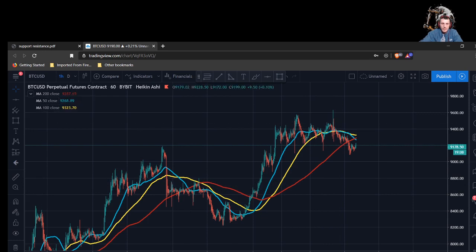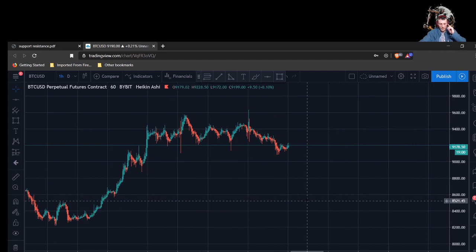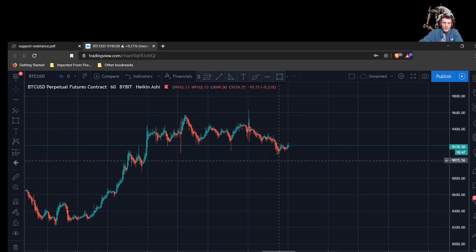So now we can kind of go on a little bit about trend lines. Basically, what a trend line does is help you identify a trend.